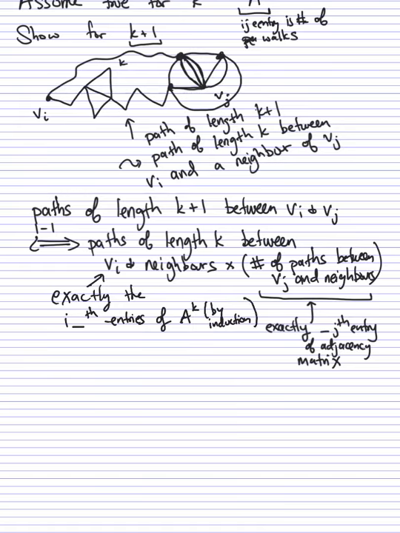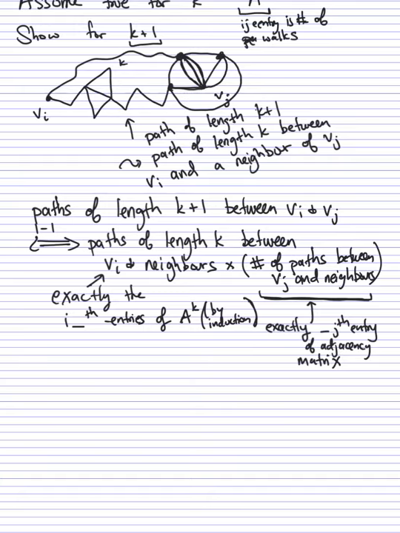Okay, so it's not all the entries because I'm only counting the ones where these are the neighbors. Of course, if you have a path of length k that doesn't go to a neighbor, this gets multiplied by 0. So I could have just said these are the paths of length k between vi and any vertex, and then times the number of paths between vj and that vertex. Sometimes you get 0. And this is by induction.